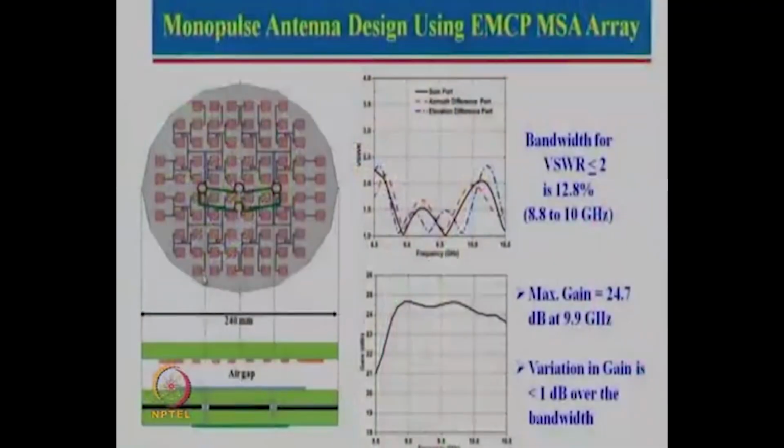So what we have tried to optimize over here is the area which is available to us. If you look at the central point here, there were 1, 2, 3, 4. We had a space, so we added another element here which takes power from this side, and we did not have much space here, so we have 3 elements here.